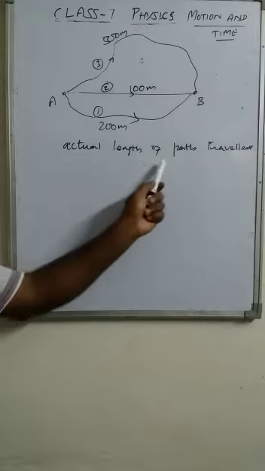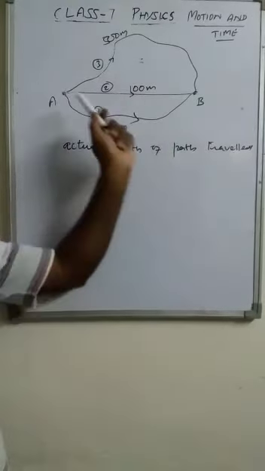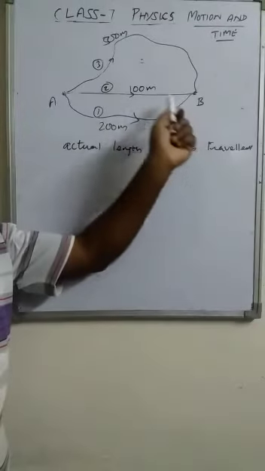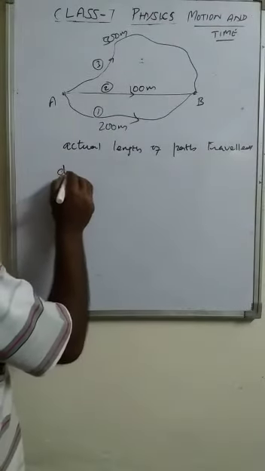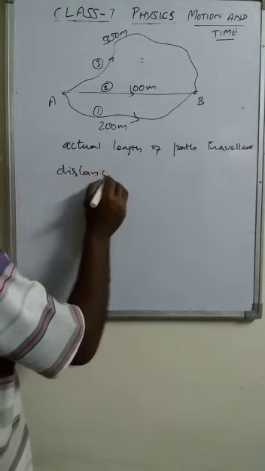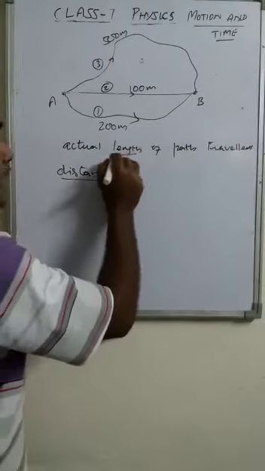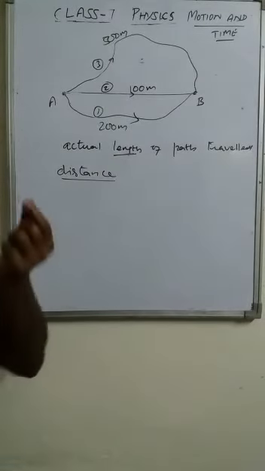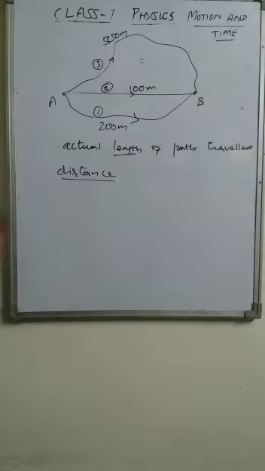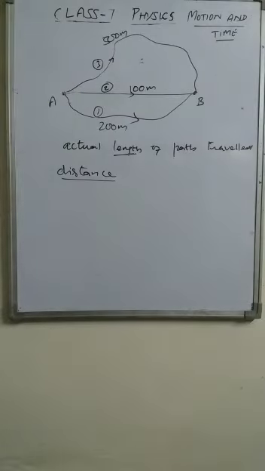That's why we include the actual length of path traveled by an object between two points, irrespective of direction, is known as distance. It means distance is the length. This distance is the first quantity which we are getting from the motion chapter.